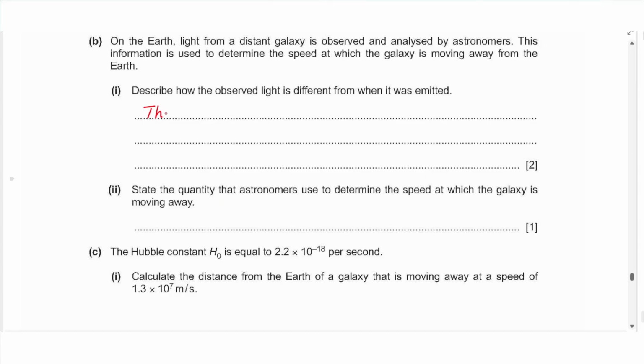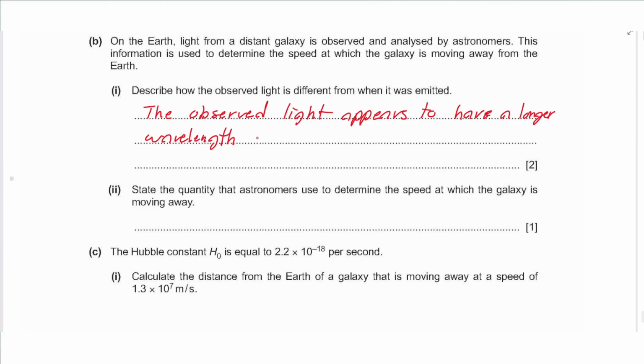So the observed light appears to have a longer wavelength or smaller frequency, and we can write between brackets, red shifted. So whenever there is a red shift in light, this means that the object is moving away from us, or the source of light is moving away from the observer.